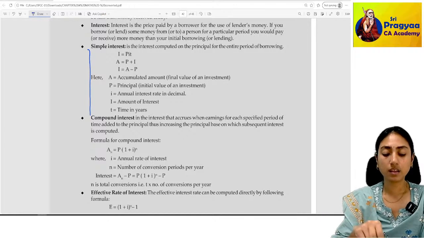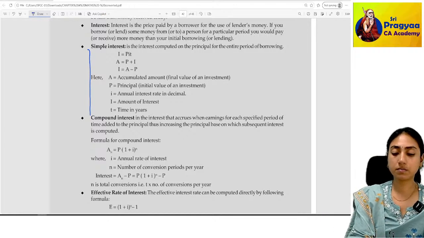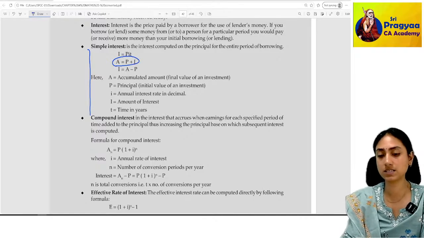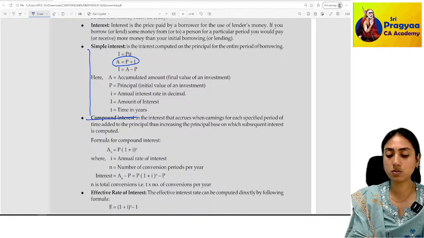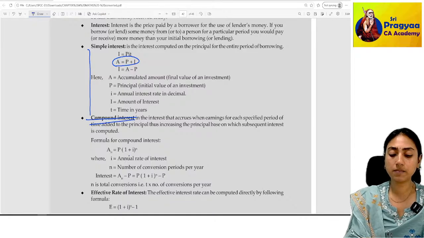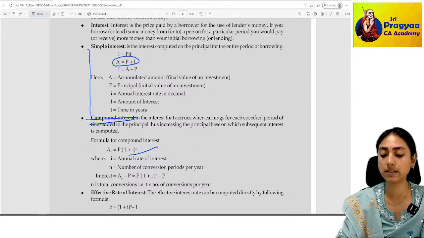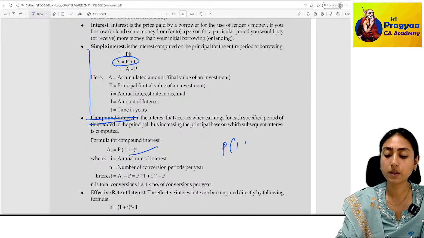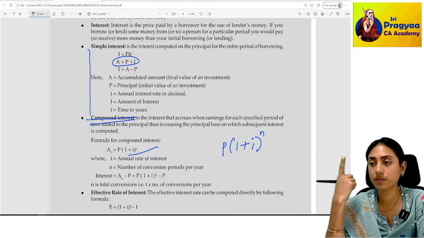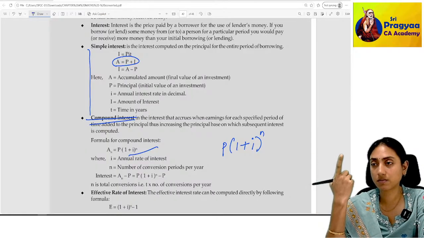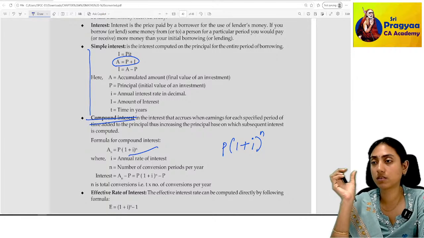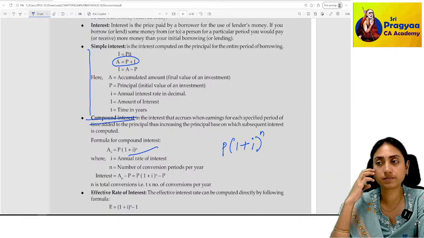For compound interest, the value of investment is calculated by principal into 1 plus interest rate per annum or per month, the whole raised to the power of n. N is the tenure, the number of years or number of months.